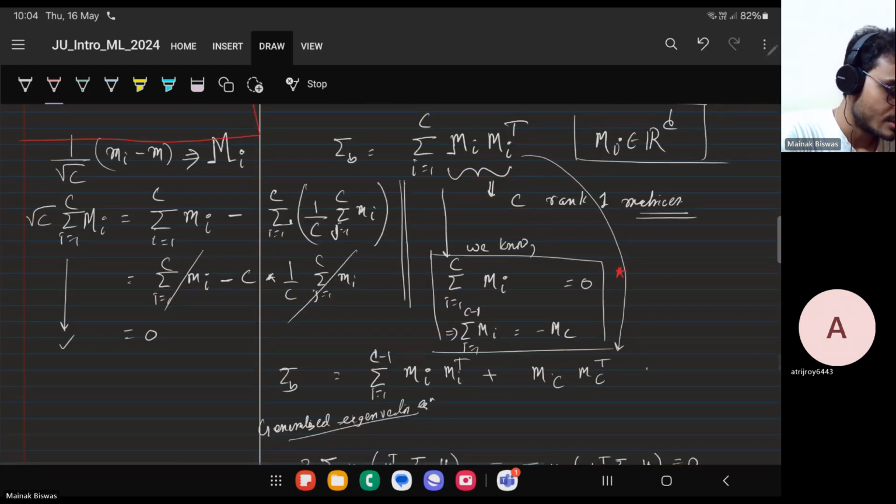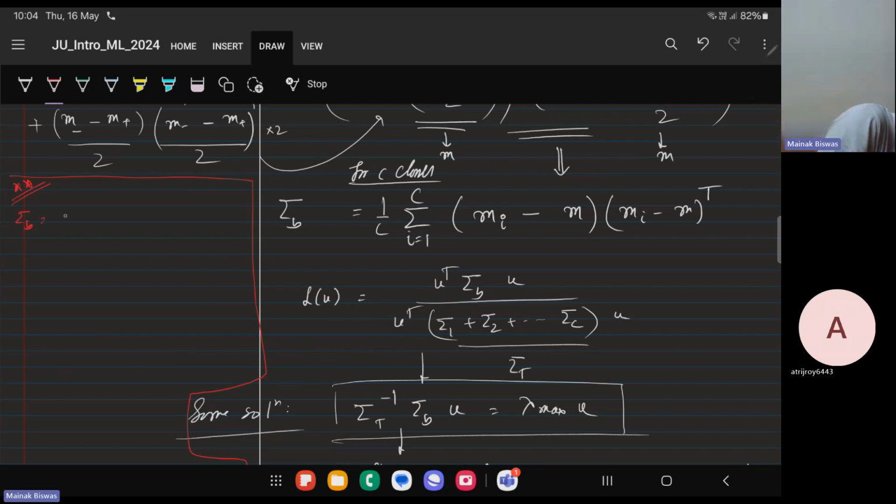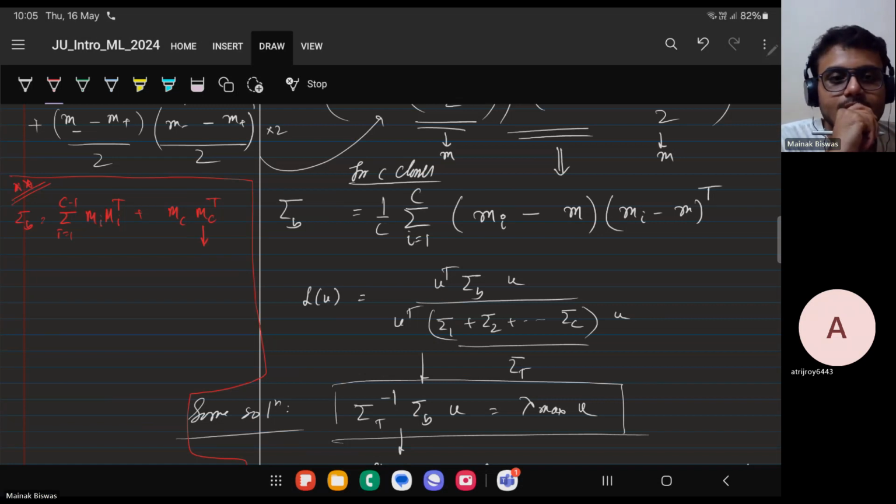So I know sigma B is equal to the sum from i equal to 1 to C minus 1 of Mi Mi transpose plus MC MC transpose. Can I write MC as minus the sum from i equal to 1 to C minus 1 of Mi? Yes or no? Yes. So what does this become?